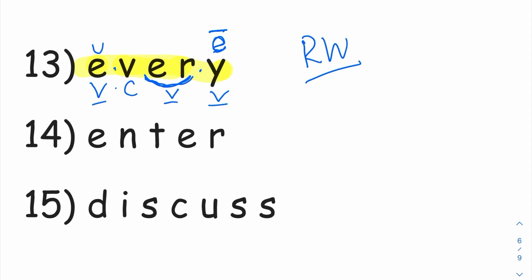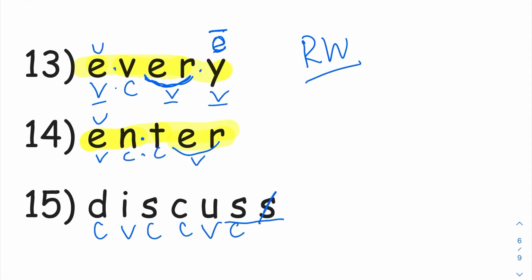And number 14: vowel, consonant, consonant. First best choice: divide between the consonants. My first syllable, en. And our last syllable, ter. Enter. Next, consonant, vowel, consonant, consonant, vowel, consonant. Seems like a nice floss rule here.